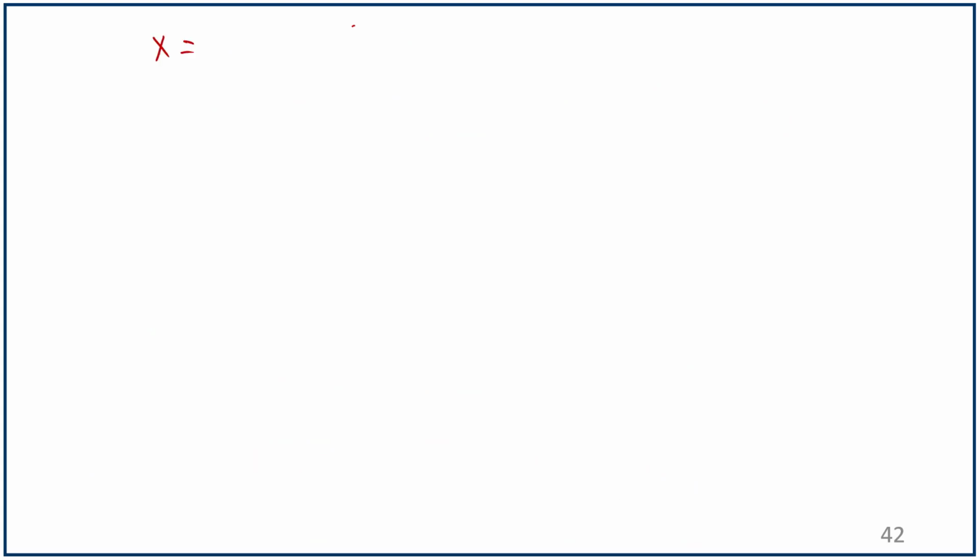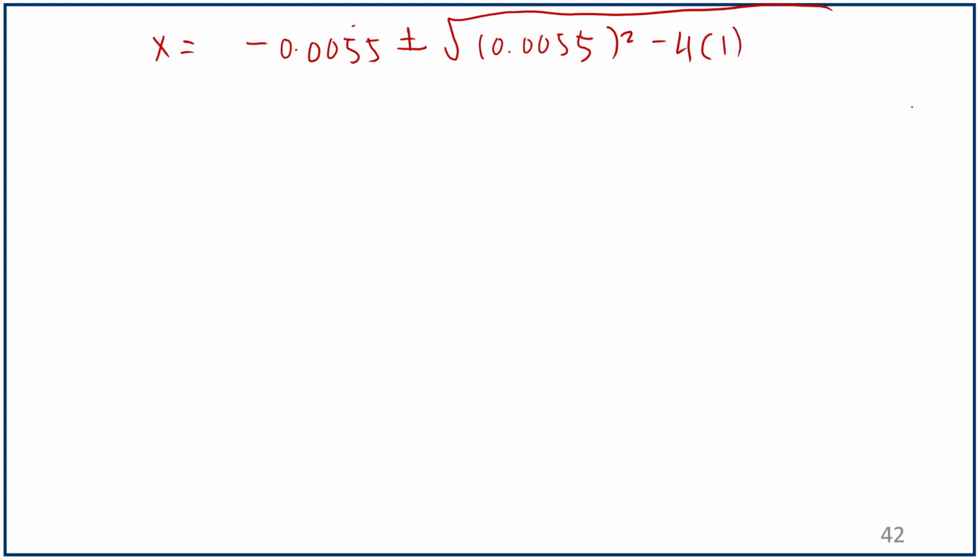So x therefore should be equal to negative 0.0055 plus or minus square root of 0.0055 squared, and then minus 4 times 1 times negative 0.011. Okay, again, don't forget the negative sign for 0.011, divided by 2 times 1.